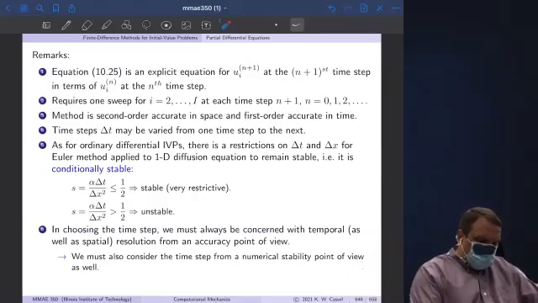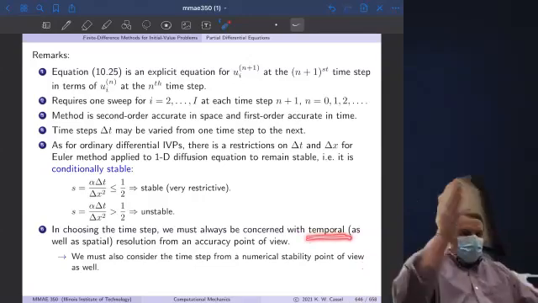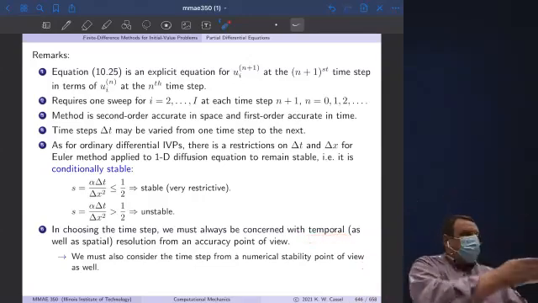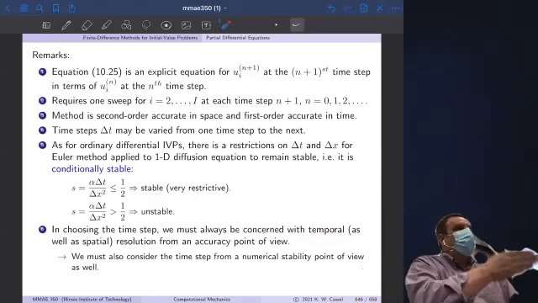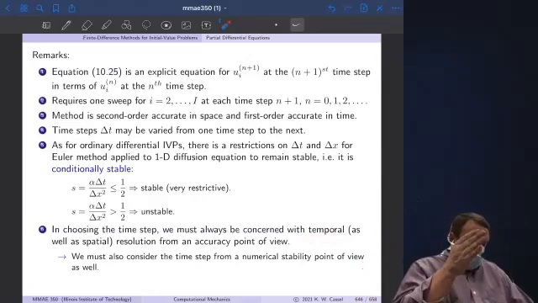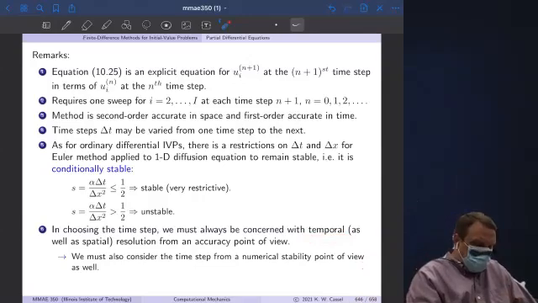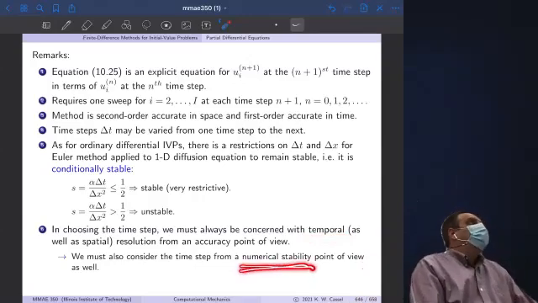So once again, we're always concerned with two things. There's the accuracy. So I want an accurate time evolving solution. So that requires a certain time step. And I also, of course, need to make sure that it is a numerically stable solution.